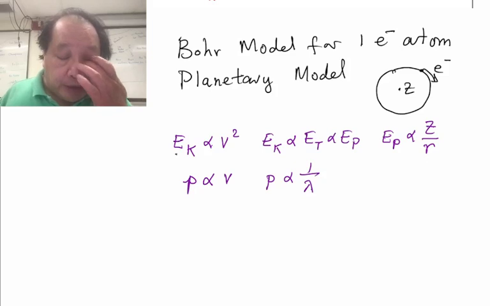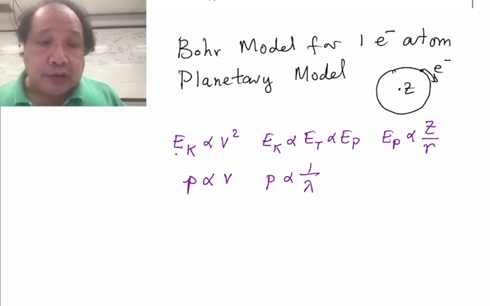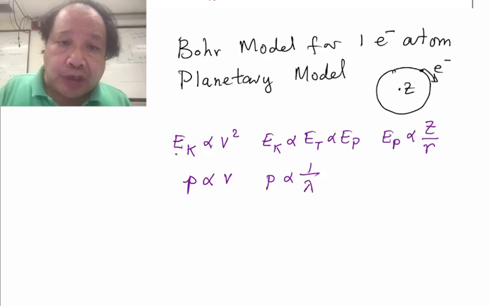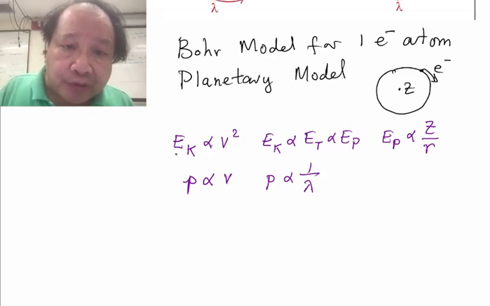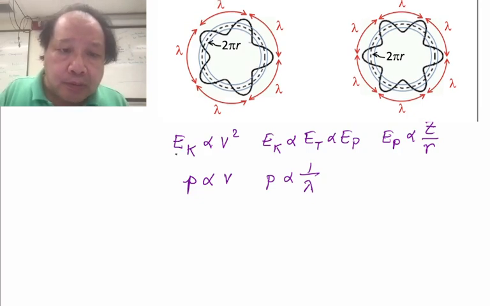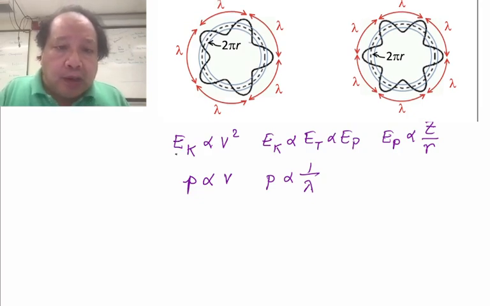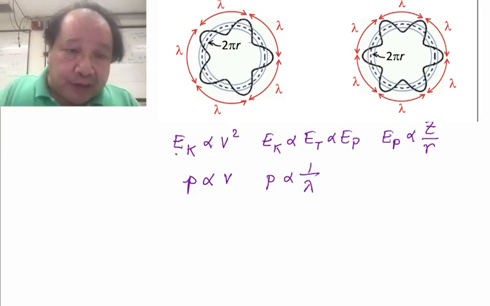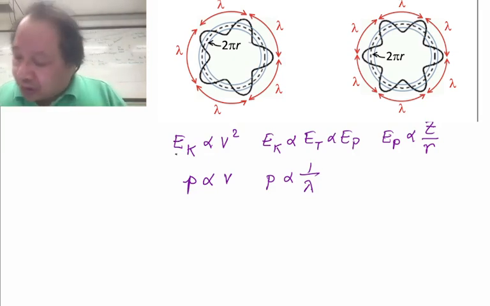And Bohr recognized that with these kinds of equations, electrons have wavelengths. While they may be in orbits, there are waves in orbits. And so thinking about that, he realized the waves would have to look something like this. So in these pictures here, we see that there are 5 wavelengths, 5 lambdas going in a circle.